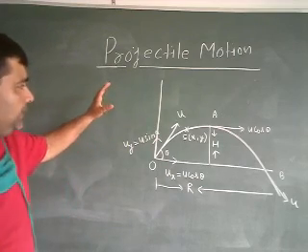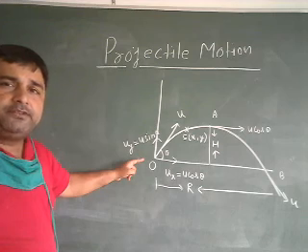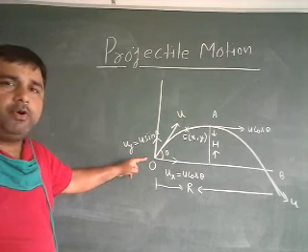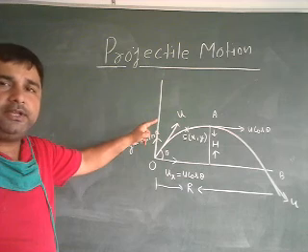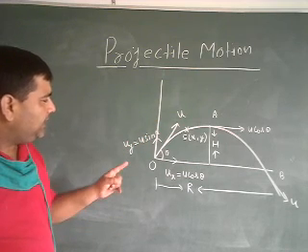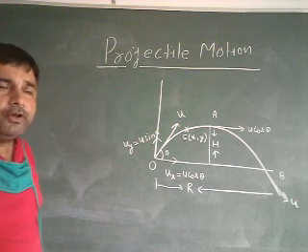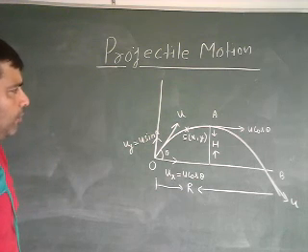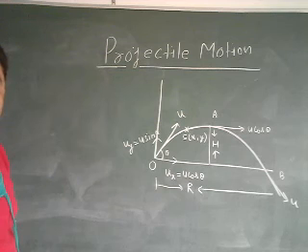You can see that a body is projected from point O with initial velocity u, making an angle theta. You see, the body adopts the OAB curved path.